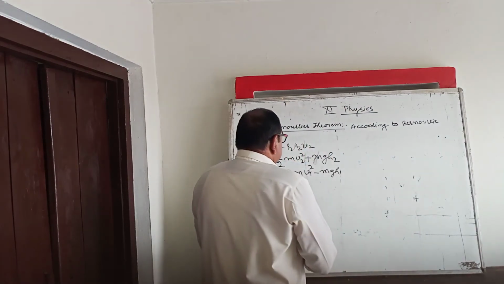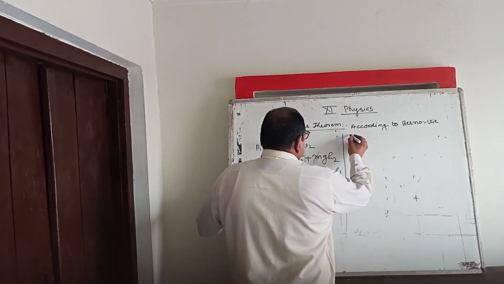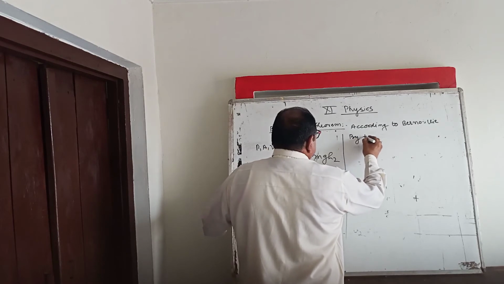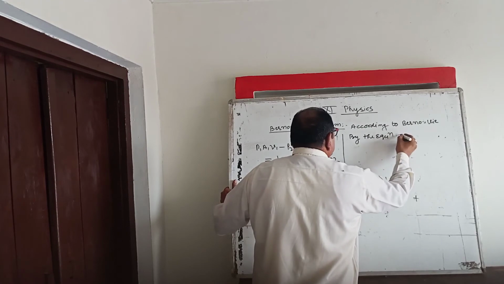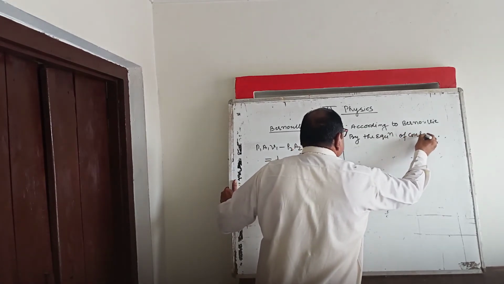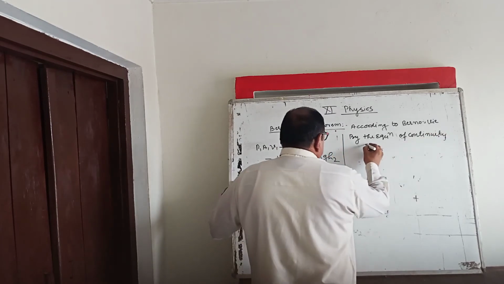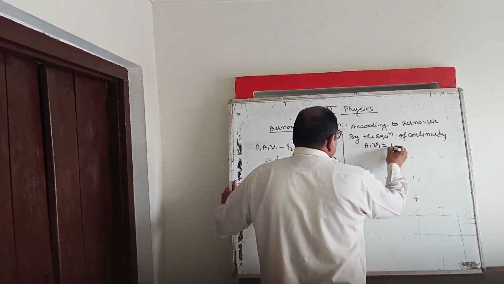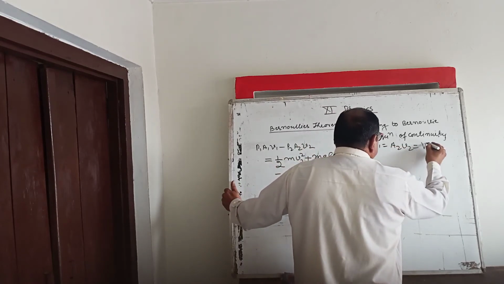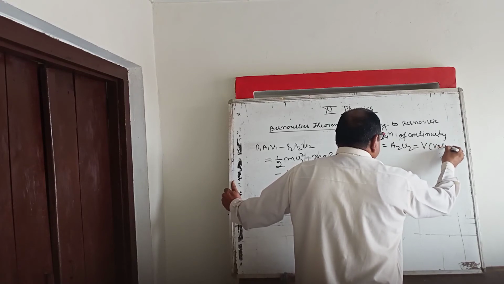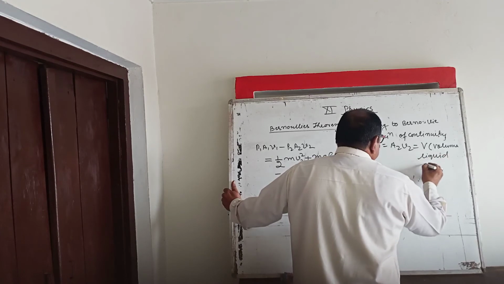Now, by the equation of continuity, A1 V1 equal to A2 V2, I have told you, and this is the volume of liquid flowing per second.